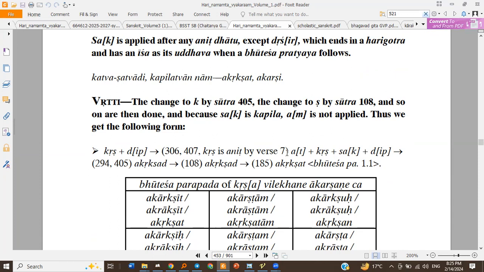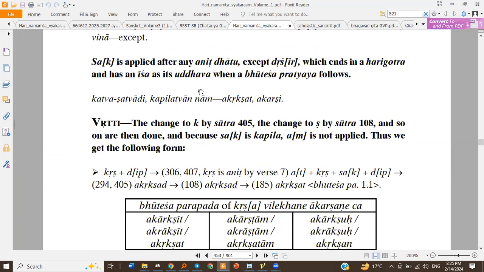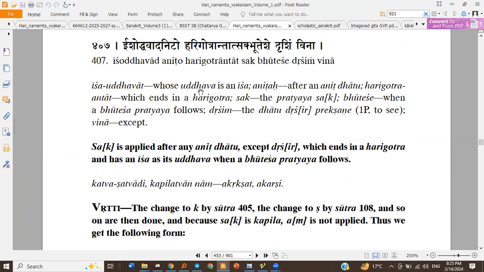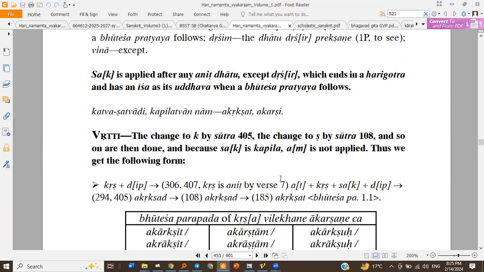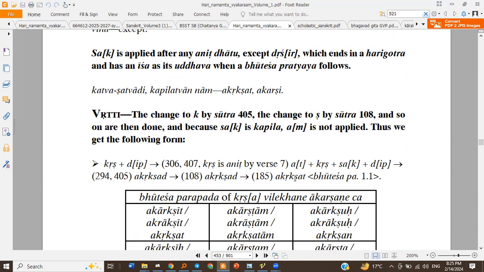So Krish plus Dip, dhatu puramat. C is not inserted. This sutra says Ishoddavad Anito Harigotranta Sakbhutesha Drisham Vina, that Sak is applied after any Anit dhatu. So Krish is Anit, ending in a Harigotra and has Isha as Uddhava, and a Bhutesha Pratyay is following.